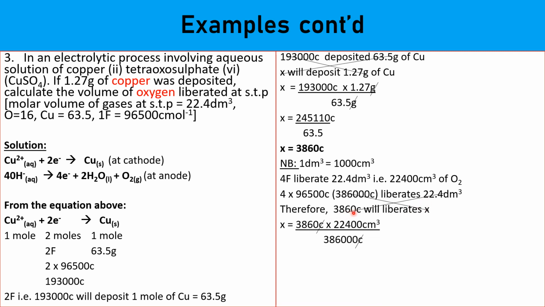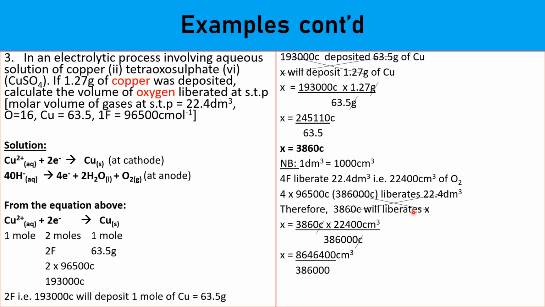So we have 3,860 times 22.4 dm³, or if you like, 22,400 cm³. So we cancel this, and the product of the numerator will give you 86,464,000 cm³ divided by the denominator. By the way, you may decide to use 22.4 dm³ straight away and not 22,400.